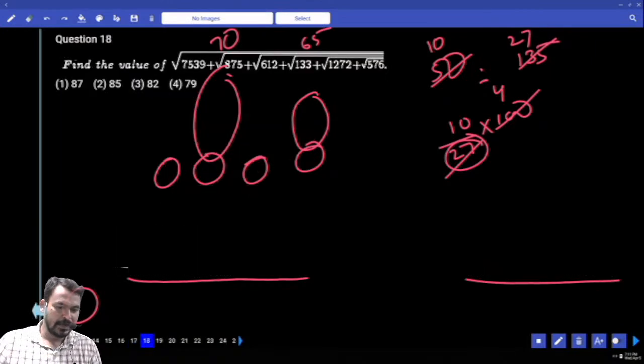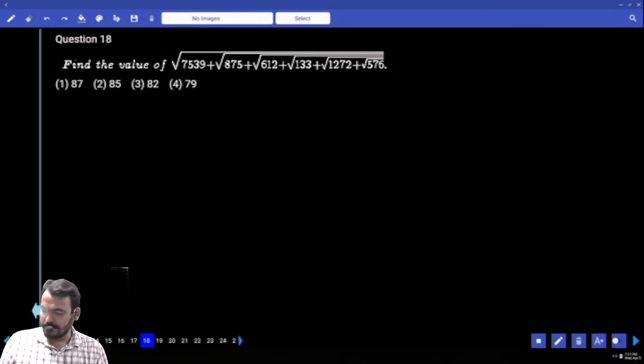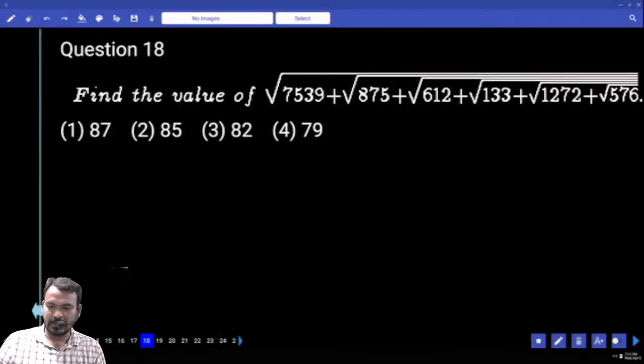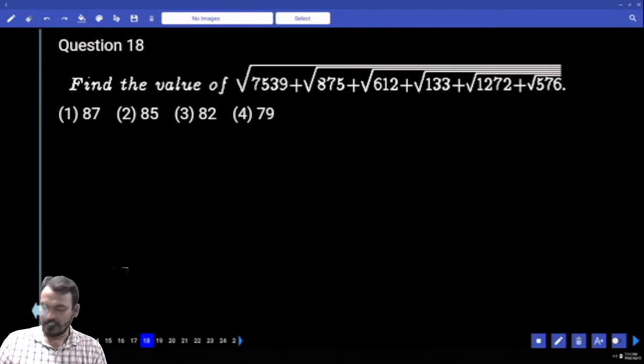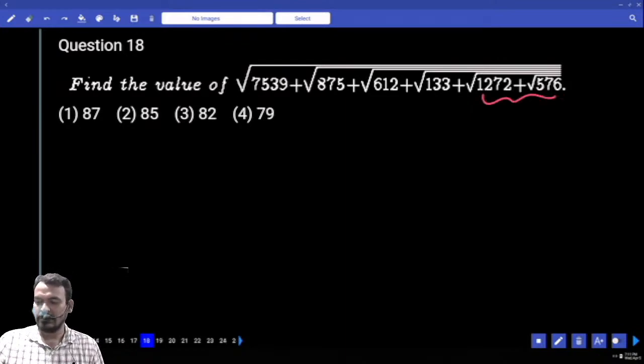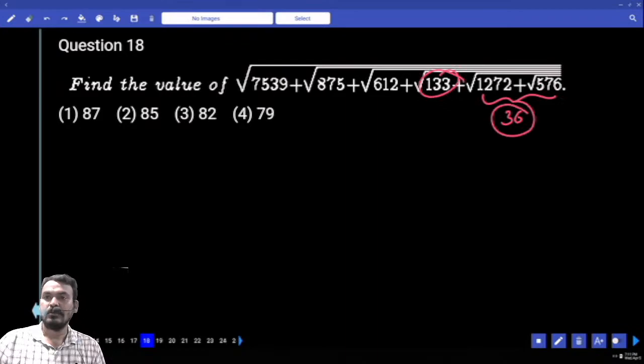Next question number 18. Find the value of the given expression. I think it is an easy question. What is the answer? Square root of 576 is 24. 1272 plus 24, 1296 means it is which one's square? 36. Or 133 plus 36, 169.